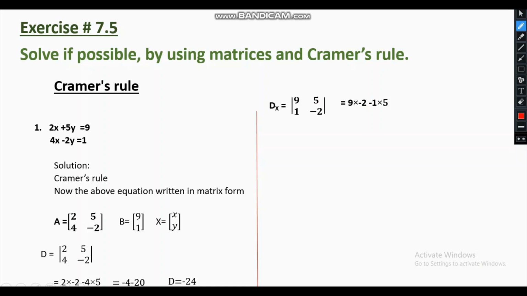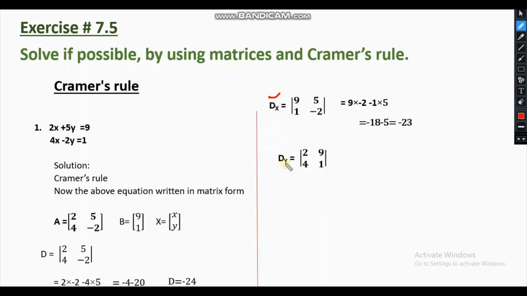So 9 times minus 2 is minus 18, and minus 5 times 1, so minus 18 minus 5 is minus 23. Now the determinant of x is found.